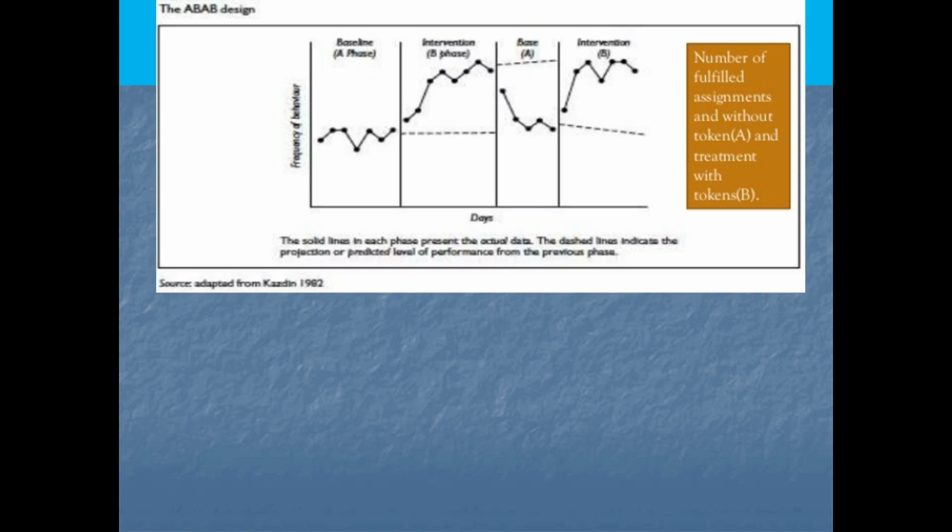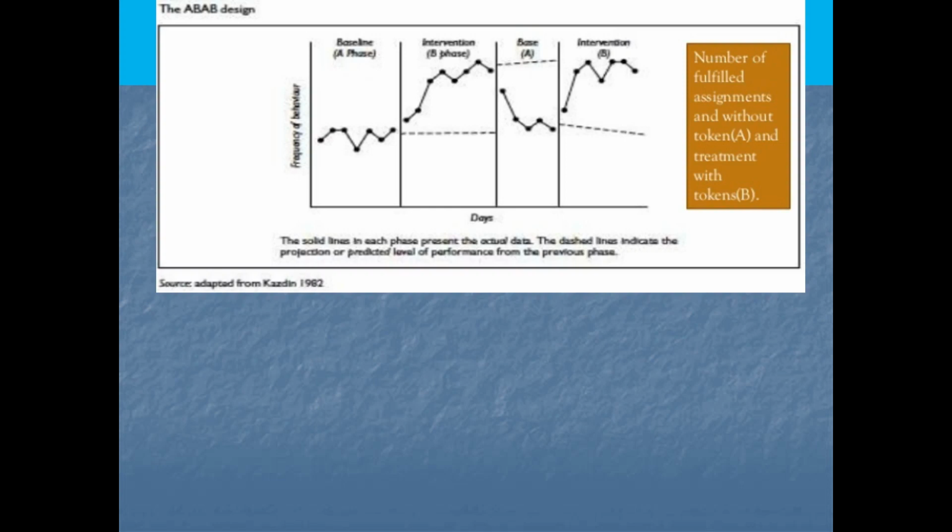And if you compare the trend that was happening in the prior phase, right, what you would expect if the treatment didn't do anything, you can see here that the real data is very different. In the first baseline phase here, the behavior was flat and not increasing. So the fact that when we go into the treatment phase, it shows a new increasing trend, that tells us the trend changed in that phase. Something has changed.